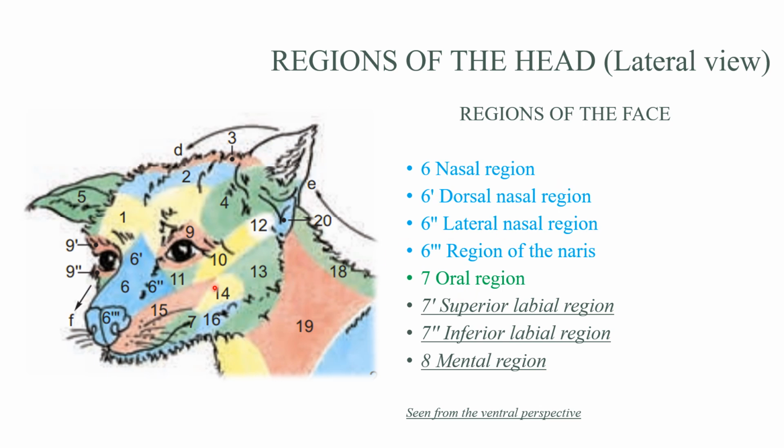So we have the dorsal nasal region, which is the top one. As you remember from the last lecture, dorsal means the top or associated with the back. So since the back of the animal is on top, dorsum means something above. Okay, now lateral, which is the side region.